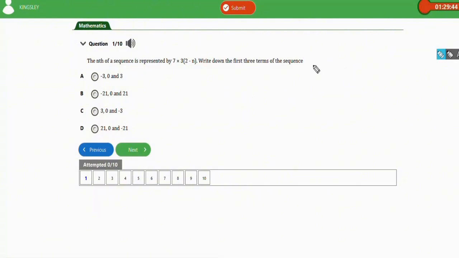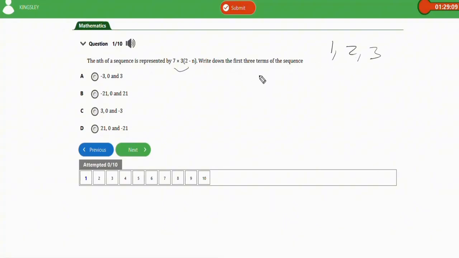All you have to do is write down the first, second and third terms of the sequence. We already have the nth term of the sequence, so basically all you have to do is substitute the value of n with 1, 2 and 3, the first 3 terms of the sequence.